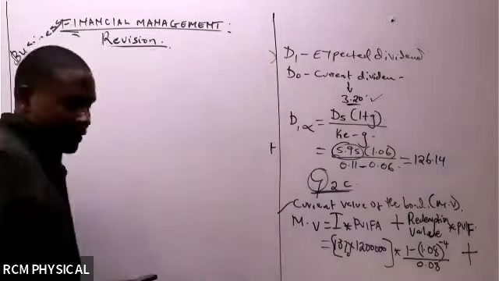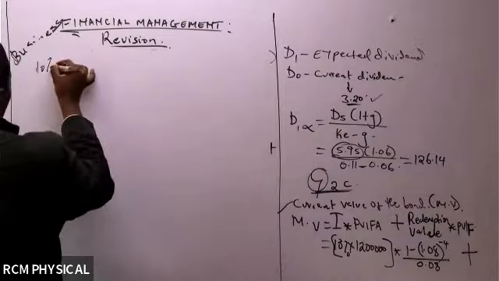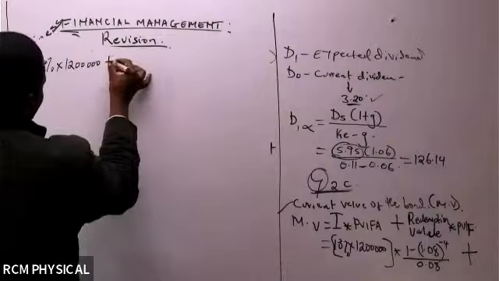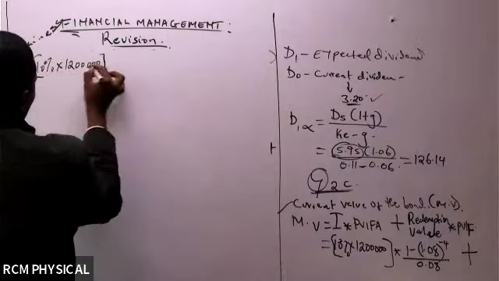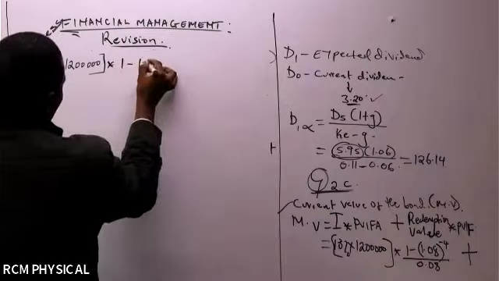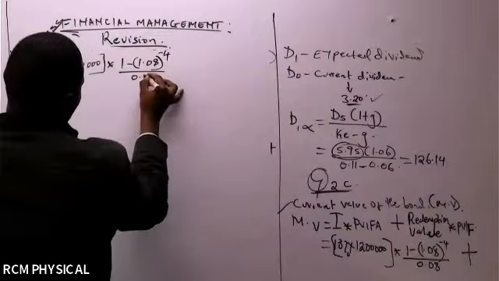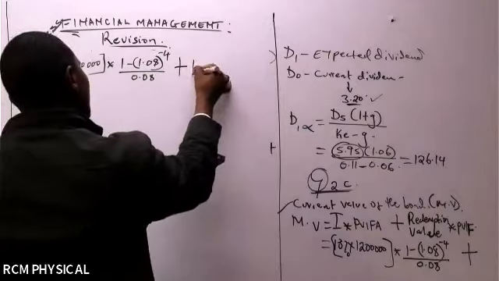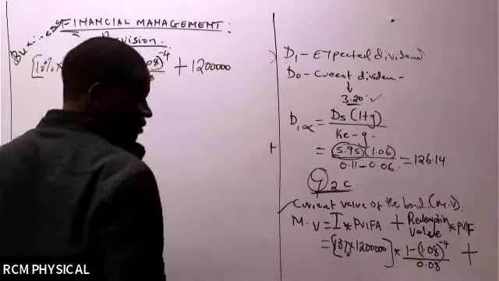So this is 10% of 1,200,000 multiplied by 1 minus 1.08 to the power of -4, divided by 0.08, plus the redemption value. Redemption value is the same as par value. Don't ever forget that.